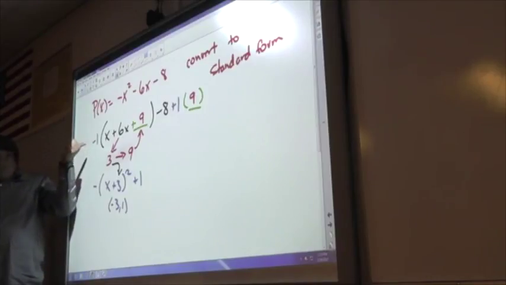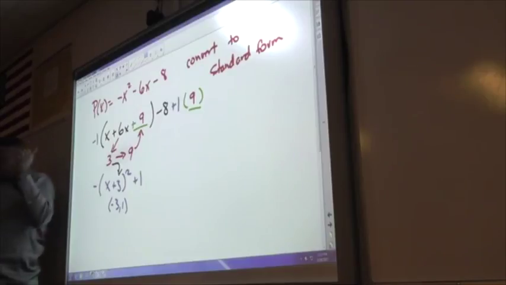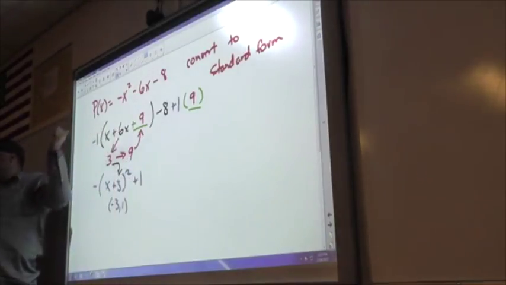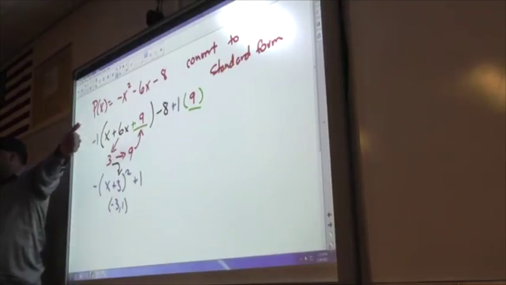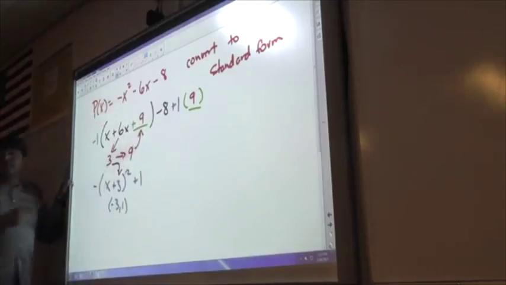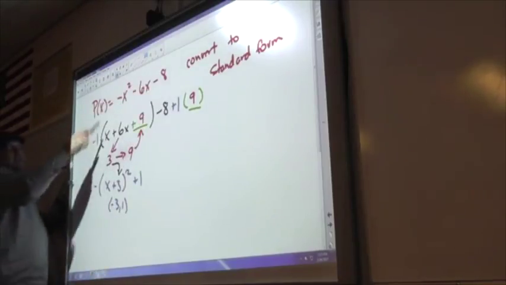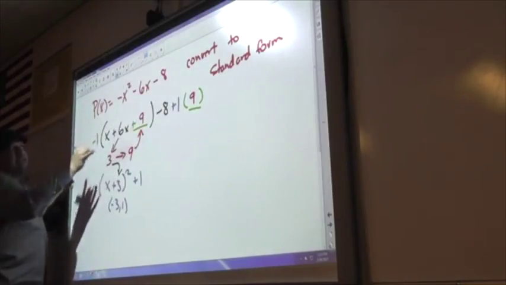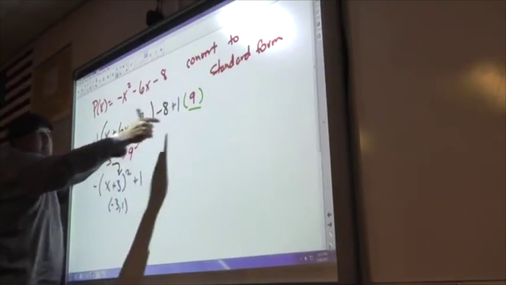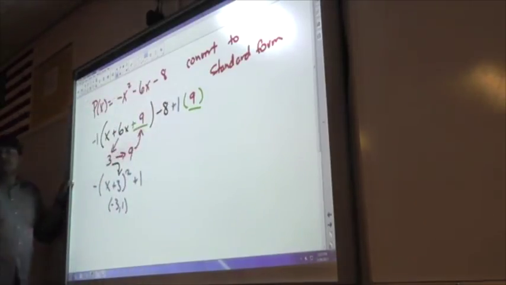Because this is minus. You want it to cancel out, right? So if this is minus, you have to use a plus. If this is plus, you use a minus. So if you were to work all of this out, you would get exactly this right here. You'd get -x squared minus 6x plus 9 minus 9, so they cancel out.